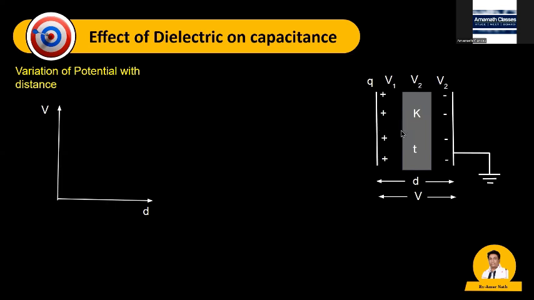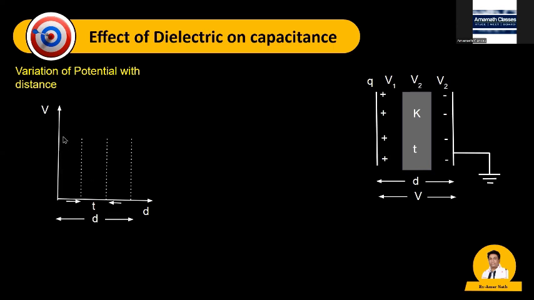Field is rightward, so it means potential always decreases in the direction of electric field. But the decrease will be uniform. Say this is the first part, this is the second part, and this is the third part. This is the position of the first plate, and this is the position of the second plate. The total distance is D, and that dielectric portion's distance is T only.